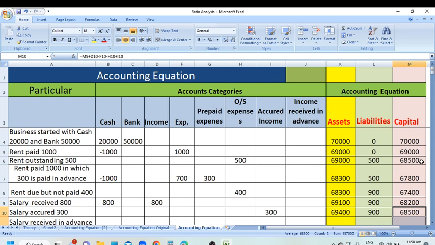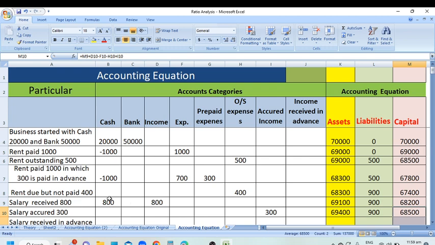The liability will be affected, will be deducted from the capital as well. Total 1,000 paid will be affected here, definitely. 700 actual and 300 prepaid. 300 will be added and 1,000 will be less. So the net effect is 700. So this 700 will be deducted from the capital too because this is an expense.